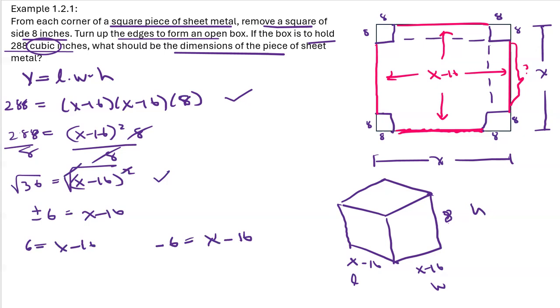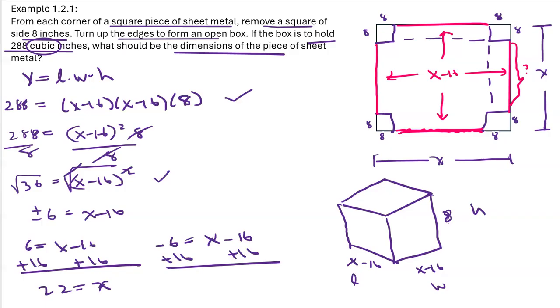And then we're going to add 16 here. So that's going to give us 6 plus 16 is 22 is equal to x. And we're going to do exactly the same here. Add 16 on both sides. So that gives us minus 6 plus 16 is a positive 10 equals x.